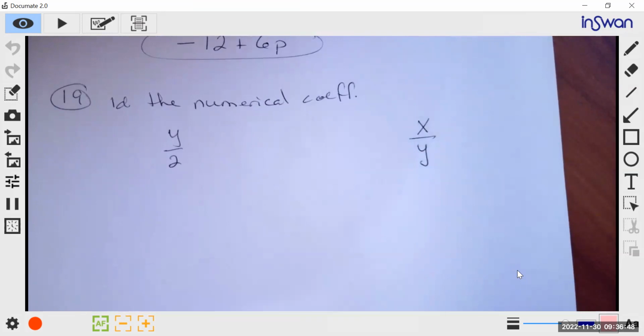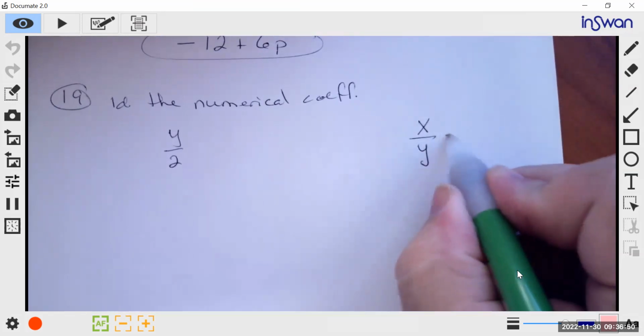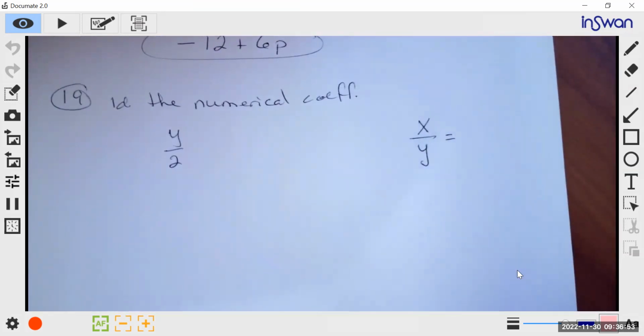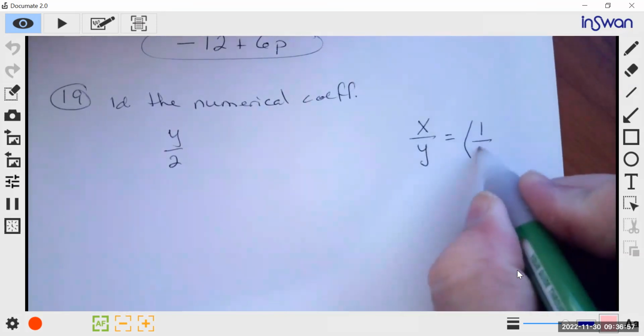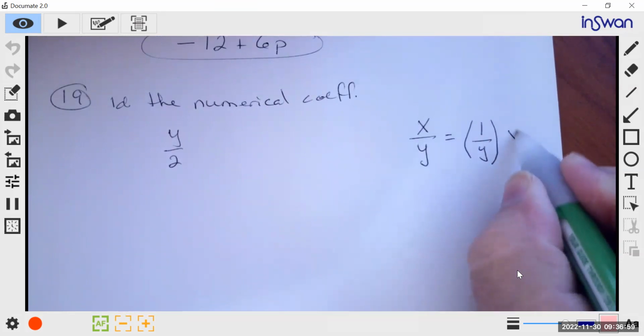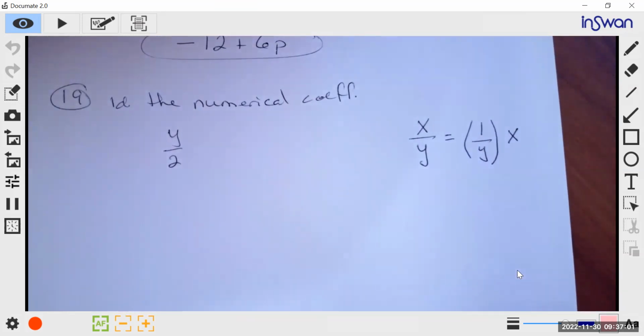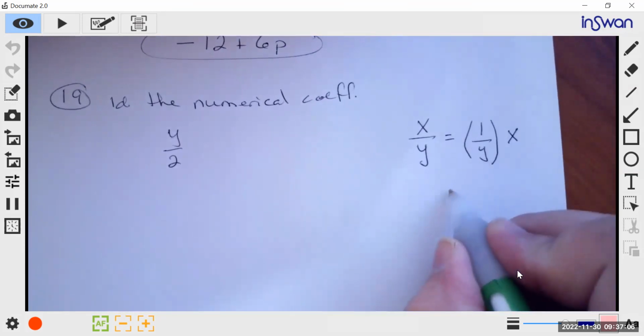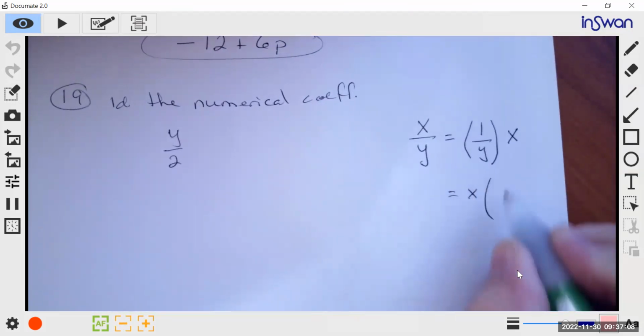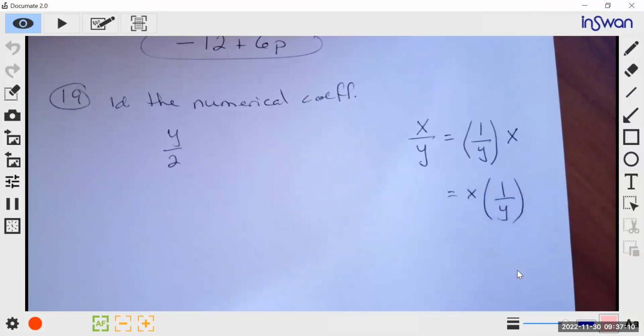If you have a fraction, that fraction can be split up into two different numbers. The fraction and the real part. Or you could have done x(1/y). They both mean the same thing.